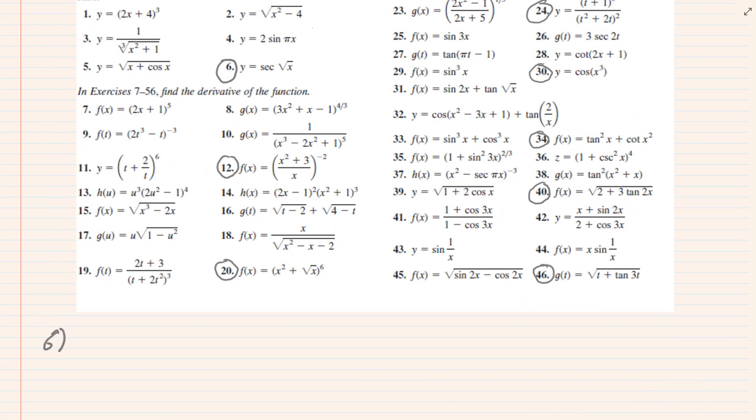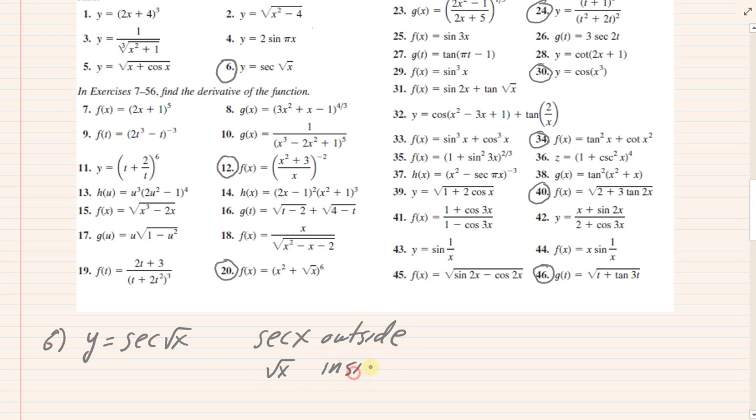Alright, so in number 6 again, the equation is y is equal to secant of root x. So the outside function here is going to be secant x, right? That's the main function. And then this is outside, and the inside function is going to be the square root of x.